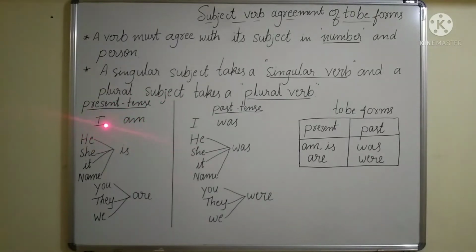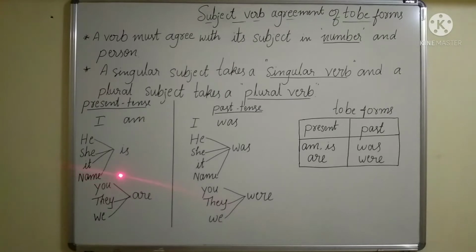Okay. Next. What is the second person? Here, you is the second person. But why have I written this here? Because you is considered as singular and also plural. There is no change in the to be form.